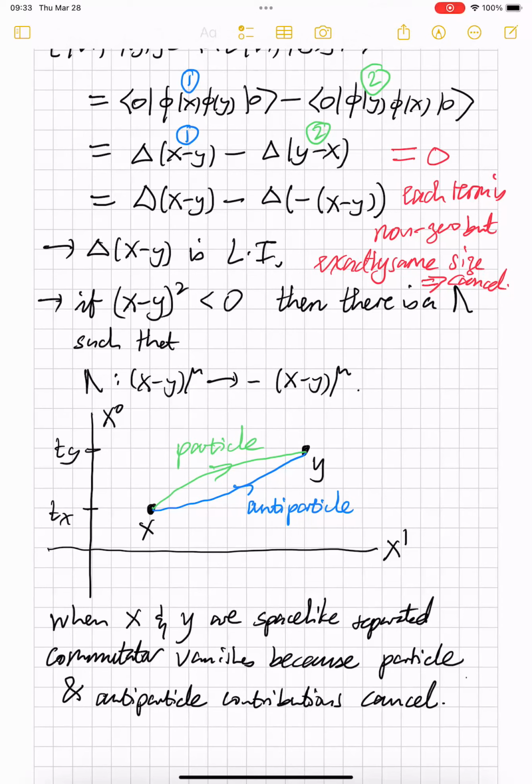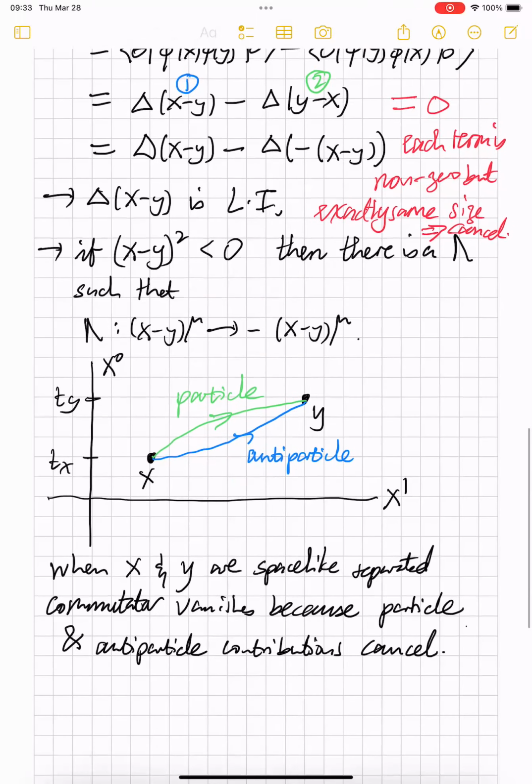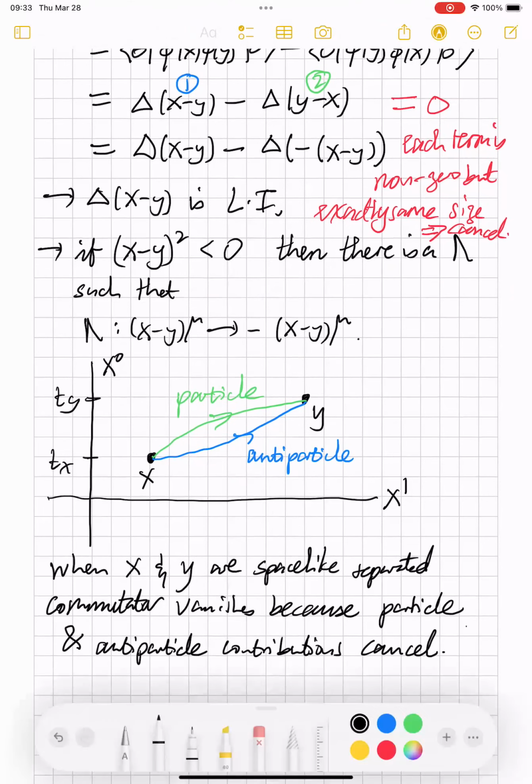And to have this cancellation being perfect, the particle and the antiparticle must have exactly the same mass. They must have exactly the same spin. There are some quantum numbers like charge where they can differ. And you know from our discussion of electrons and positrons that if the particle has charge Q, then the antiparticle will have charge minus Q. So the charges can be opposite.